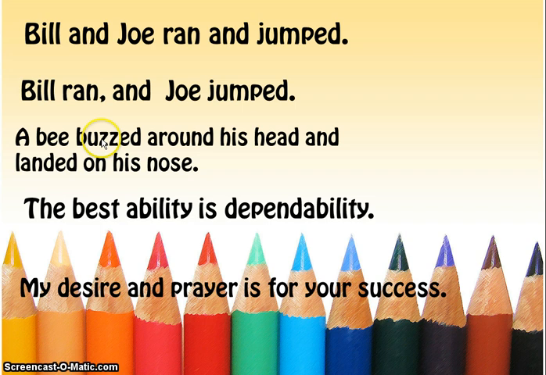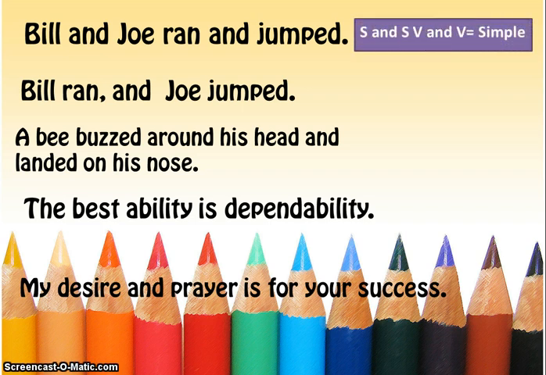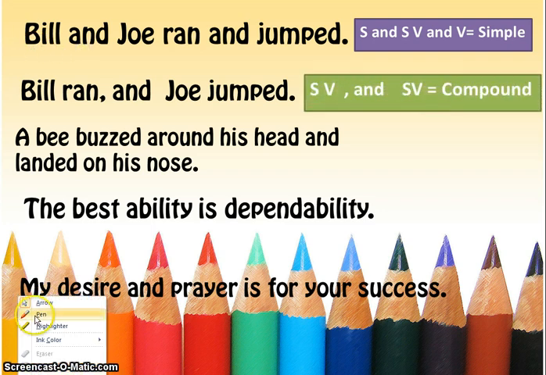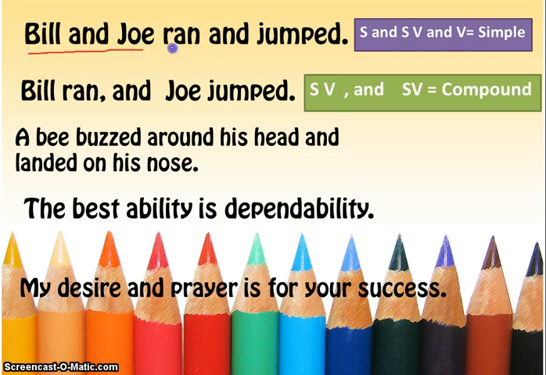Now let's break these down. Looking at the first sentence, Bill and Joe ran and jumped. Well, here we have a subject and a subject. Then you have a verb and a verb. That is a simple sentence.